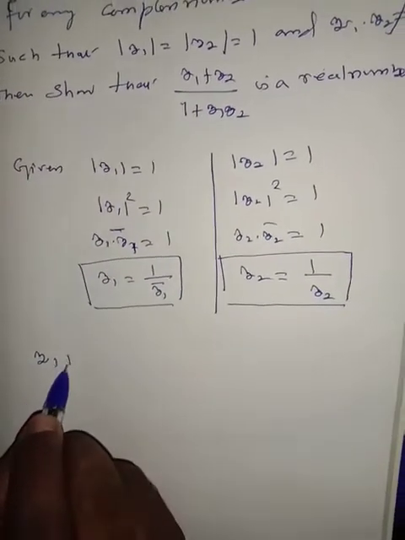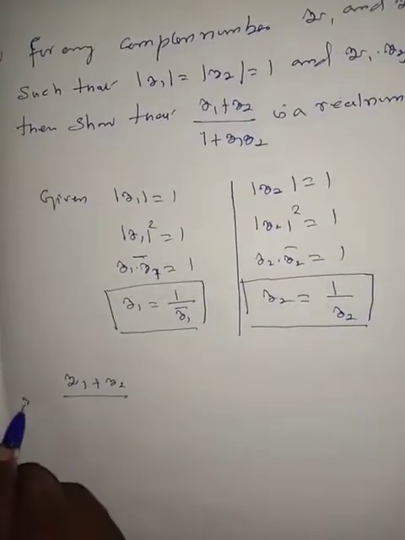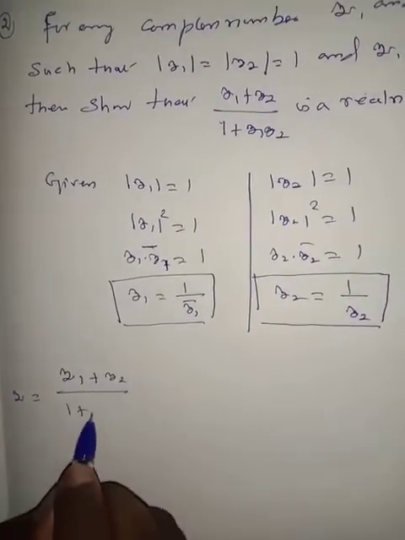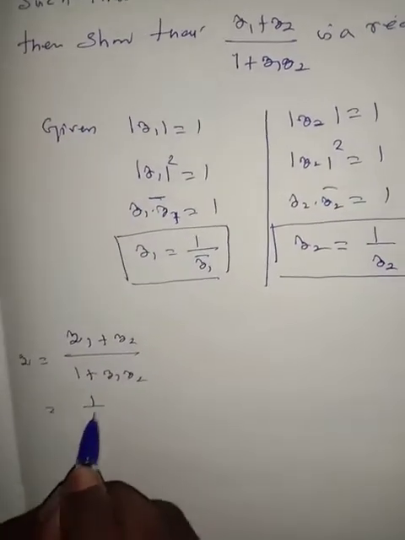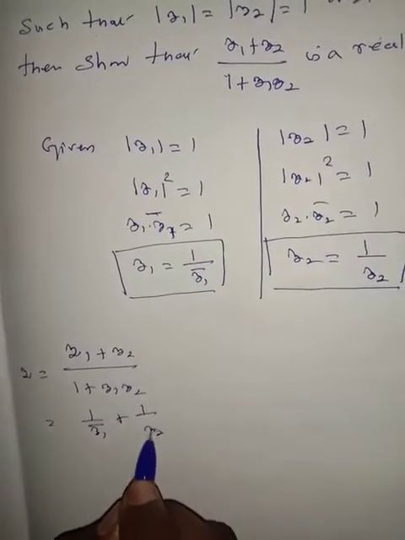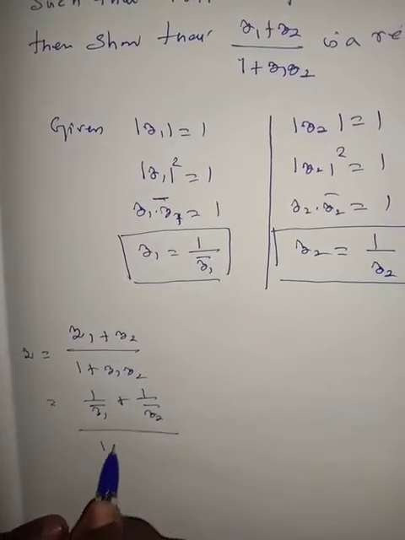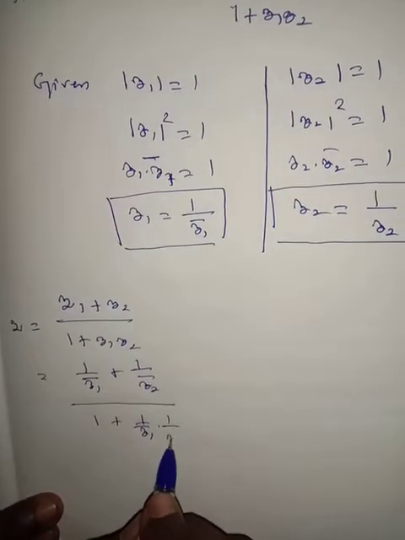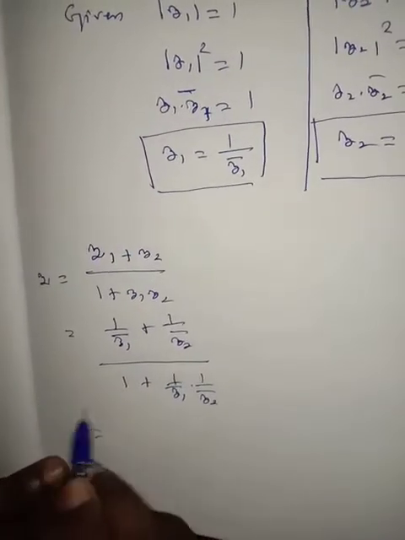Now we have to take the given Z1 plus Z2 divided by, this is Z. Now Z is equal to (Z1 plus Z2) divided by (1 plus Z1 Z2). This means 1 by Z1 bar plus 1 by Z2 bar, divided by 1 plus 1 by Z1 bar into 1 by Z2 bar. Now take LCM.